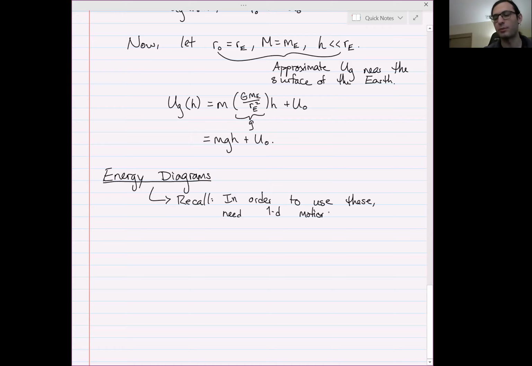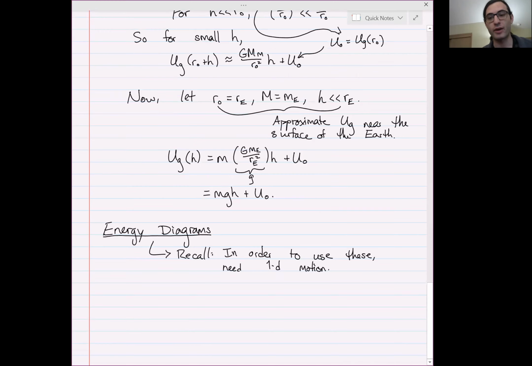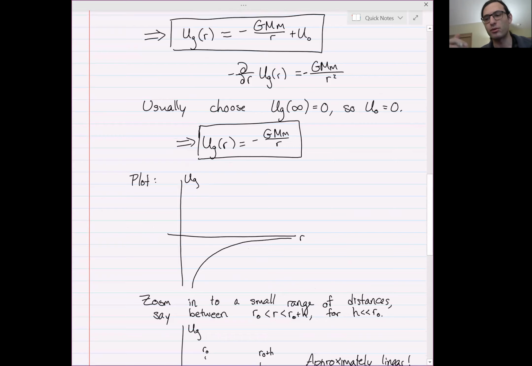All of our energy diagrams that we've done in the past have been like the potential energy for a spring, like 1/2 kx squared, and then we ignore any motion that's not along the x-axis. So we have one-dimensional motion. The object moves along the x-axis and the force is along the x-axis. However, in this case, where we have gravitational potential energy, it's not one-dimensional motion.